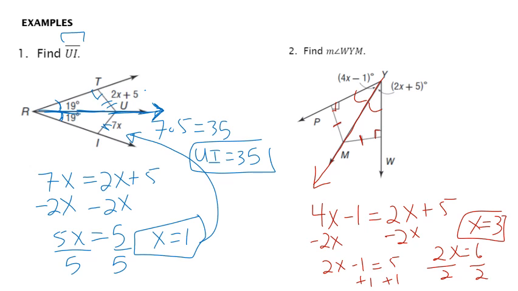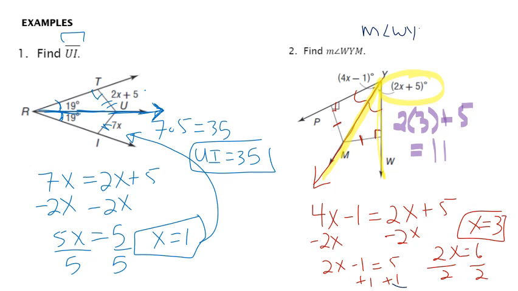Then the question is asking for the measure of WYM. If I trace it out, WYM is this 2x plus 5. So I'm going to substitute in the 3, and then we'll get 11. So the measure of WYM is 11.